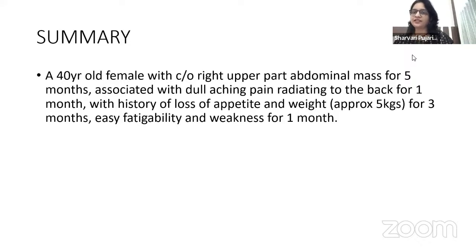I will just tell you a few tips. I think this history is taken by you, and the slides are prepared by you yourself. It is okay to tell the history in the patient's language in the first part of your speech.